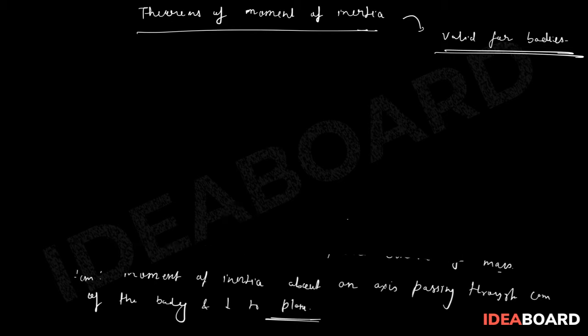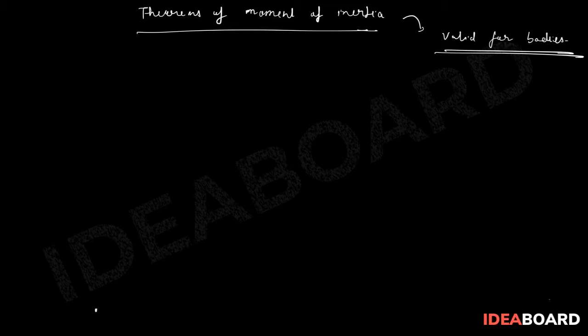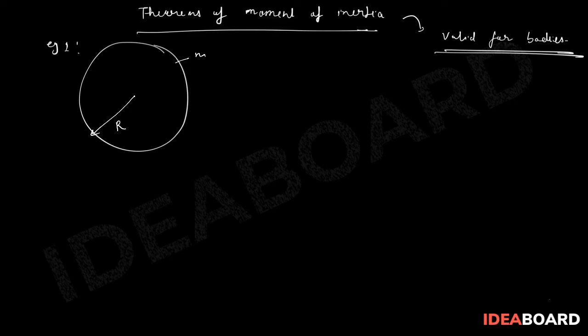I'll take two examples. Let's say first example I am taking is for a disk. Let's say I have a disk which is of mass m and radius is r. Let's say the center of mass is at point O. I wanted to calculate the moment of inertia about an axis passing through point P and perpendicular to the plane, let's say z dash.